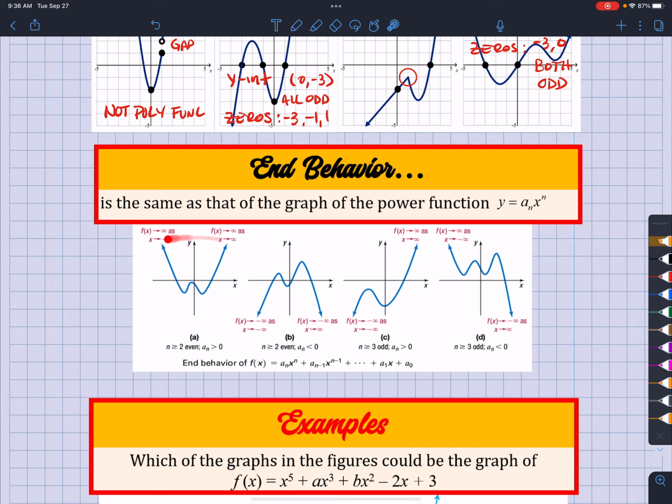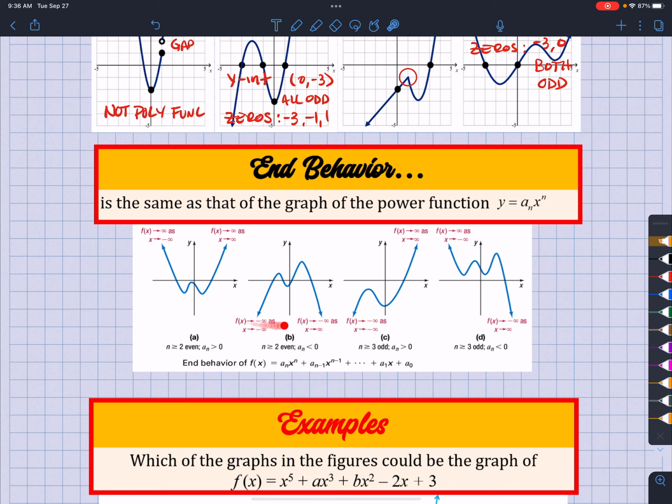The end behavior is both going to positive infinity, as x goes to positive infinity and as x goes to negative infinity. That means this is going to be even, and a is going to be greater than 0.